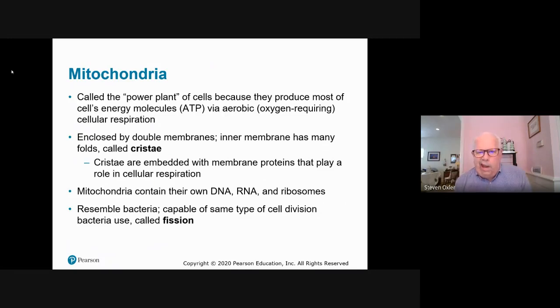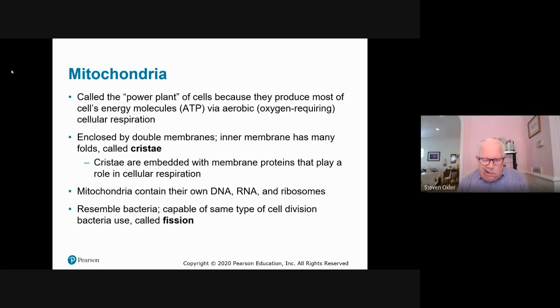The inner membrane is called the cristae because there are folds. And embedded in the cristae are proteins that play a role in cellular respiration. They use oxygen. The mitochondria contain their own DNA, their own RNA, and also ribosomes.